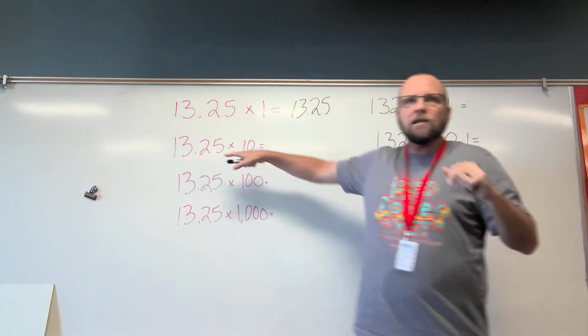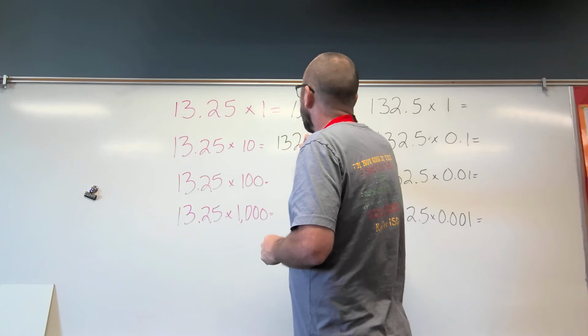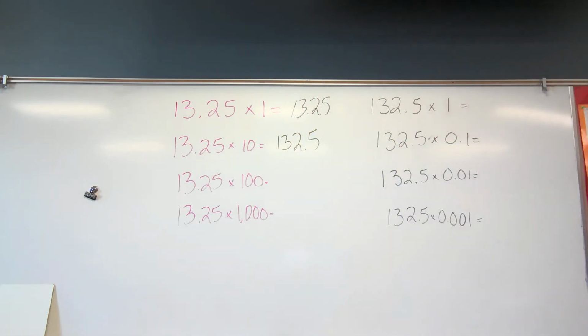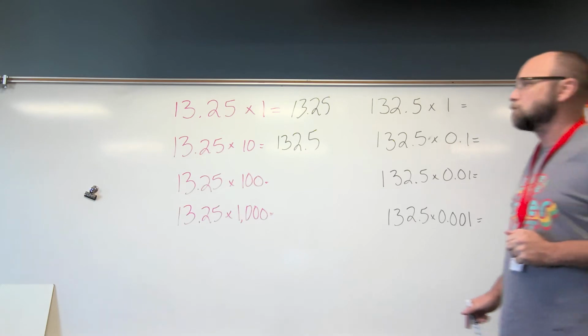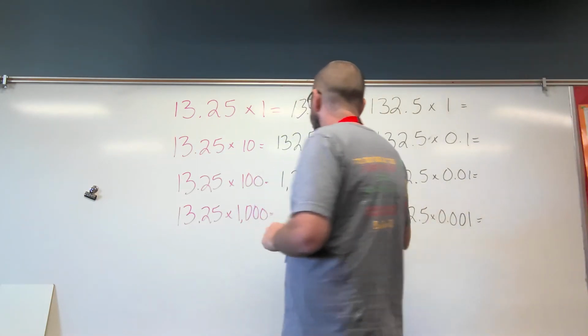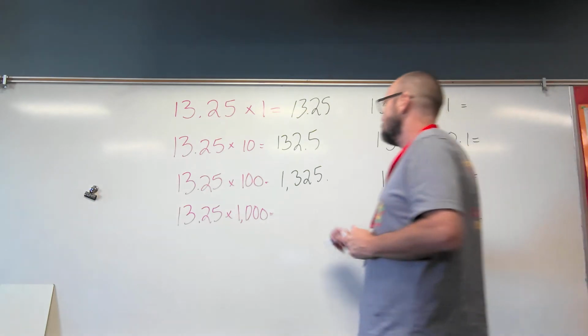So to make the number 10 times greater, I'm moving my decimal point to the right one place. To make a number 100 times greater, I move my decimal point 2 places to the right. When I want to make a number 1,000 times greater, I move my decimal point 3 places to the right.